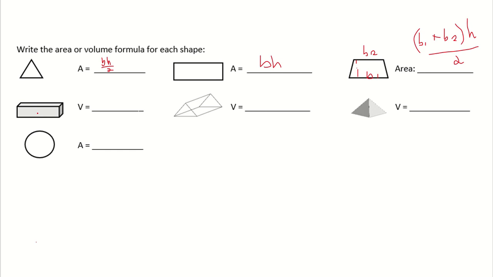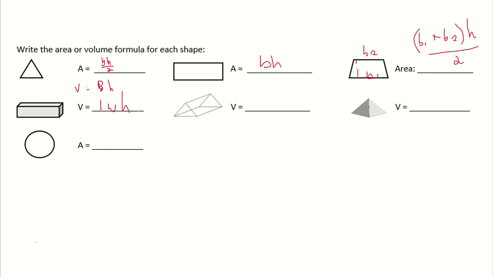Volume. This first one's a rectangular prism, and you were given 2 separate formulas, so let's write both of them. There was volume equals big B, which stands for area of the base, times the height, or you can use volume equals length times width times height.